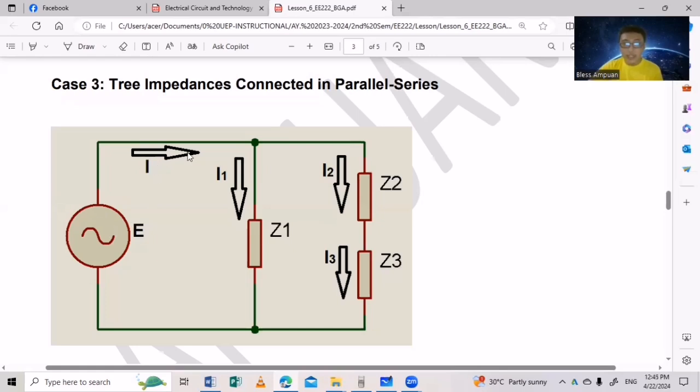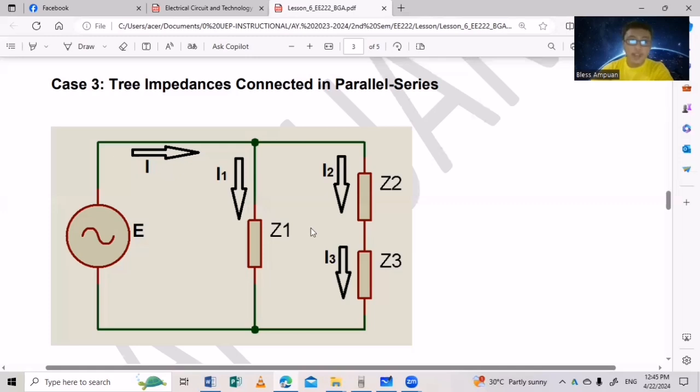As it enters this node, it will be divided between Z sub 1 and the combination of Z sub 2 and Z sub 3. And the currents for Z sub 2 and Z sub 3, since they are connected in series, are equal.